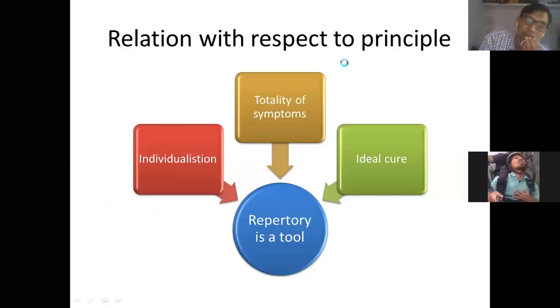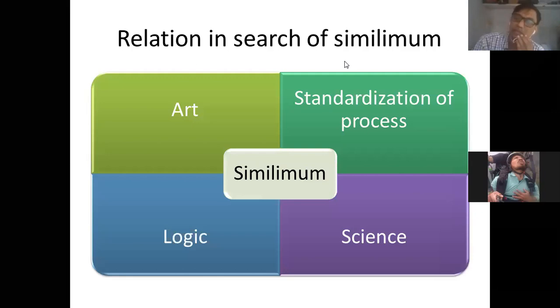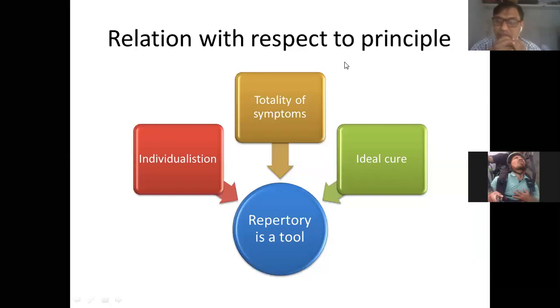Then the third point is the relationship of repertory with respect to the principle. So there are so many principles of homeopathy which are scattered in the Organon of Medicine, like the principle of individualization, the principle of probability of symptoms, the principle of ideal cure. Now, why am I emphasizing this ideal cure?